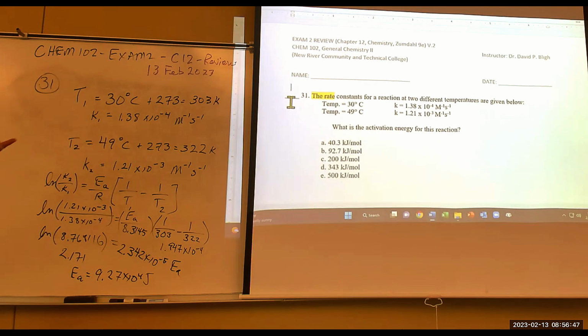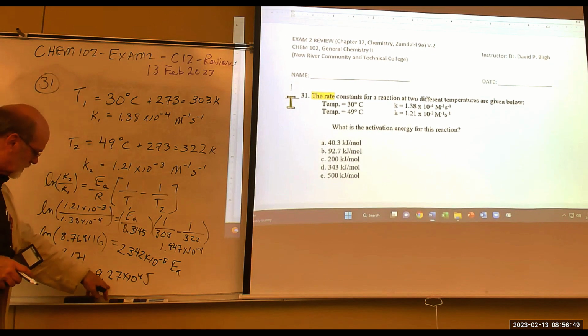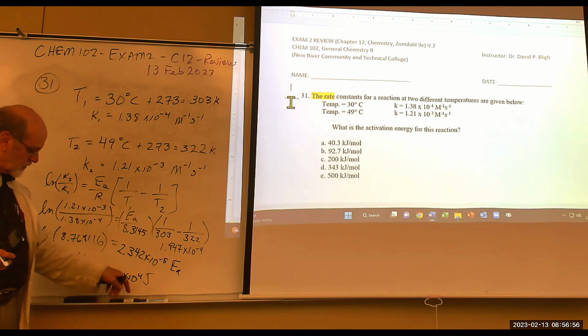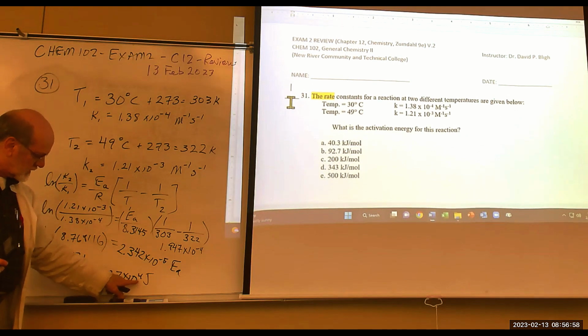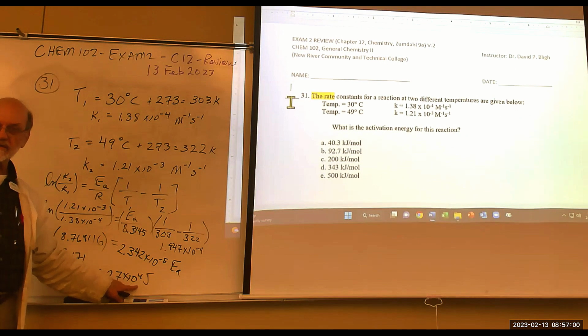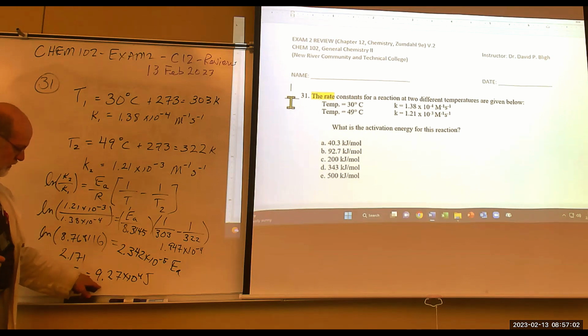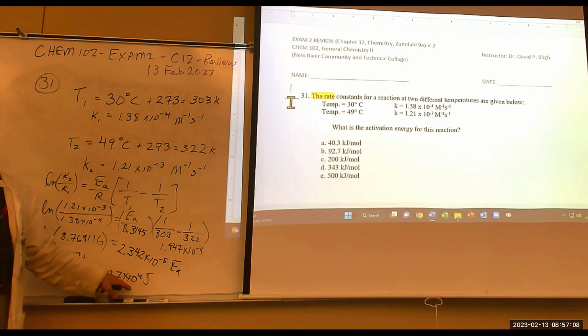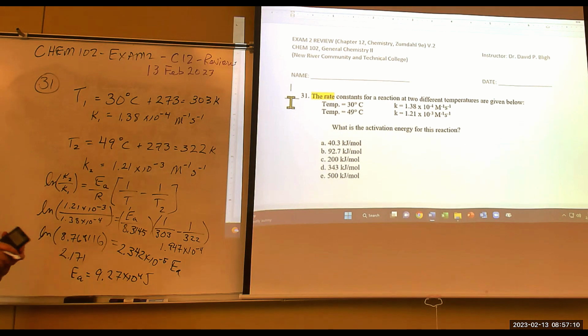So kilojoules. How do we do that? A kilojoule is 10 to the 3rd. So if we reduce this one, take that one down to 10 to the first and bury that 10 to the third over here, that's 9.27 times 10 to the first kilojoules, or 92.7 kilojoules.